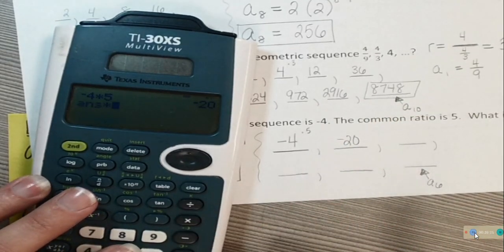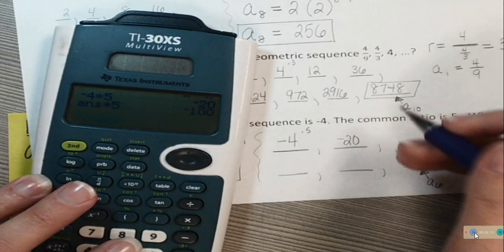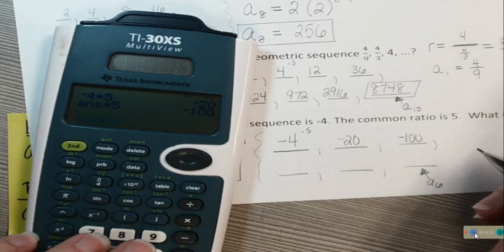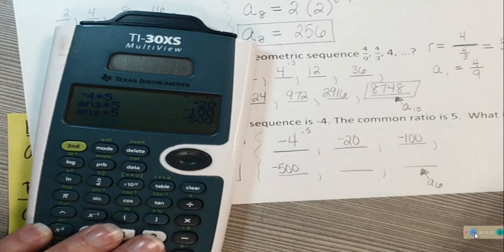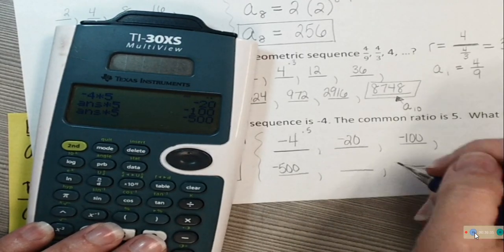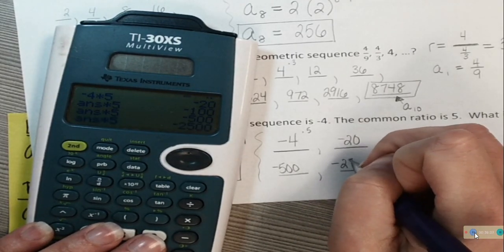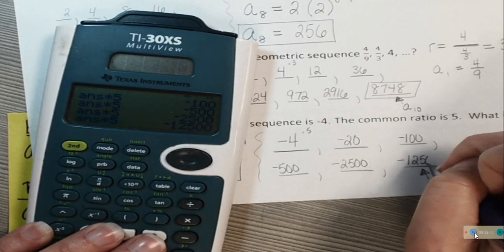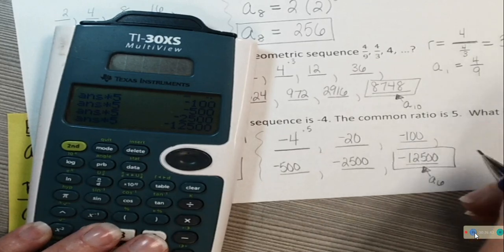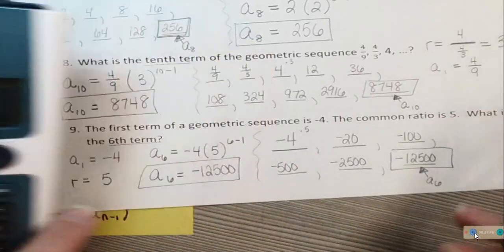I'm going to continue this pattern of multiplying by 5 to get -100, and keep going. I'm going to times by 5, and I'm going to times by 5 again, -12500. That's my sixth blank. Okay?